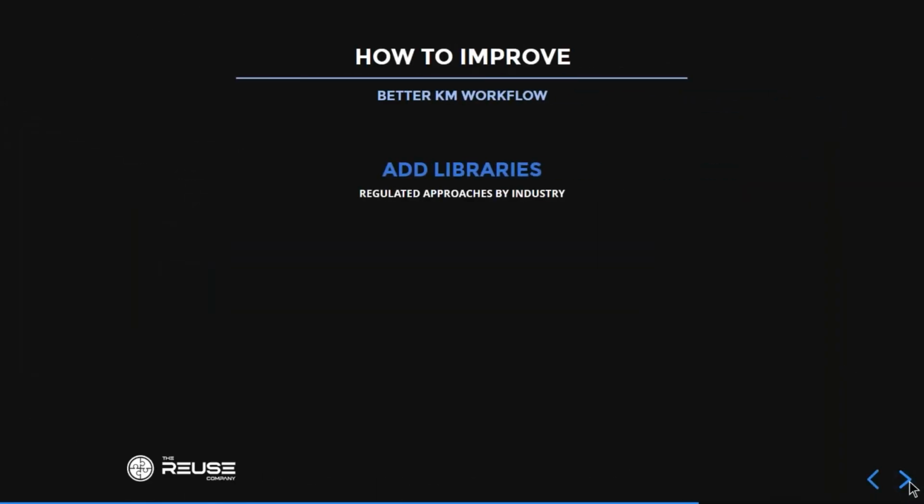The first thing you probably can consider if you're trying to create a better workflow within KM is to add libraries. Libraries are regulated approaches, either of the metrics or of the vocabulary, of patterns, of certain rules inside. And normally they're done by industries.